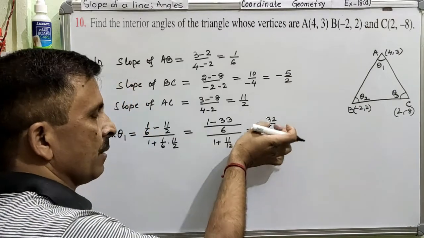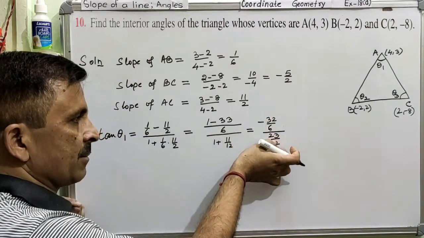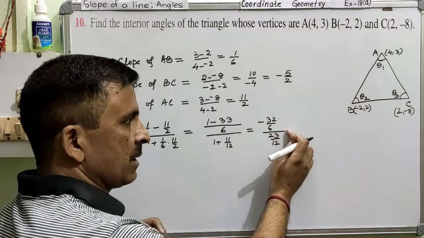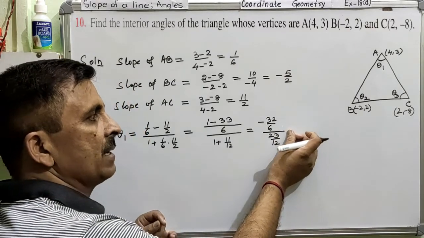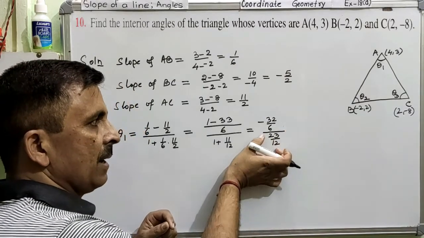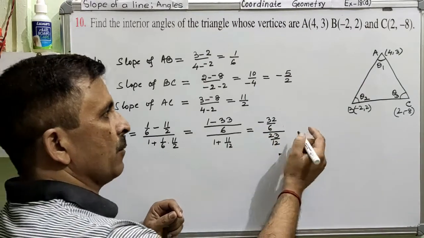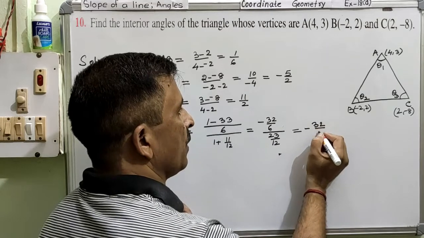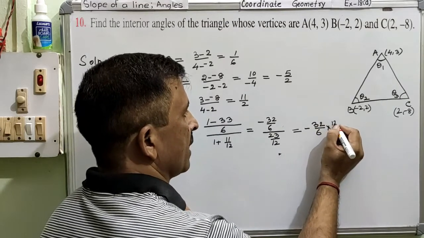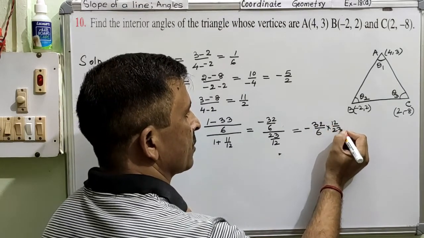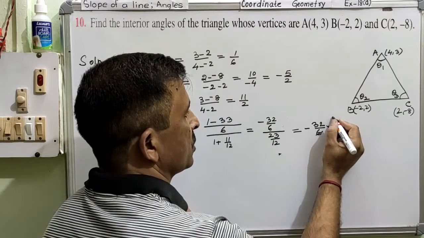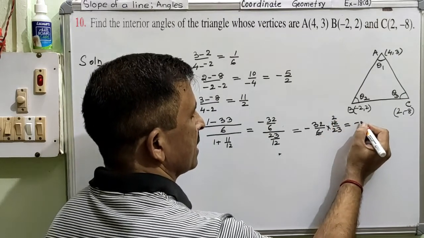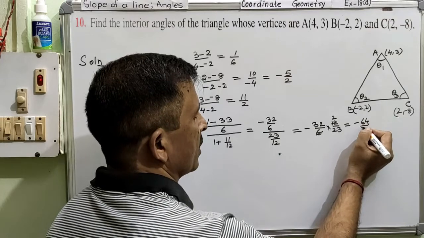Now the numerator is a fraction, the denominator also is a fraction. So this line will be taken as the division sign. We'll change this division to multiplication. Ultimately this number will go upside down. So this is negative 32 over 6 into 12 over 23. 6 2s are 12. So this is minus 64 over 23.